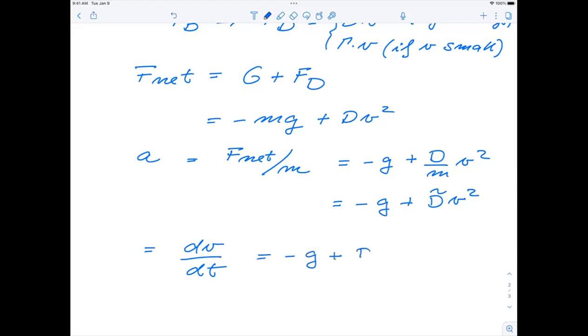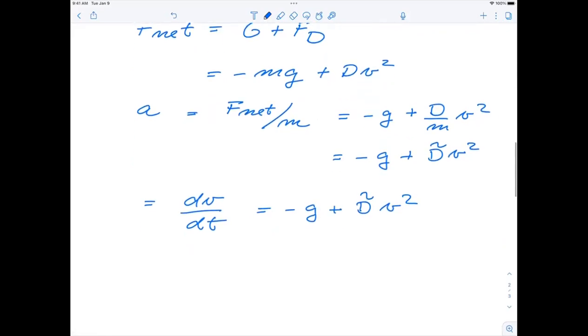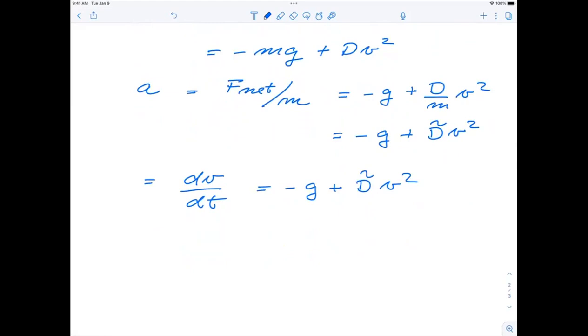So if we now just proceed a little bit with this equation here, we can try to integrate and see if we're able to do that. Now, what we will do is first to divide by the quantities which we have on the right here. So we can isolate dv by multiplying with dt. So we would have minus g.